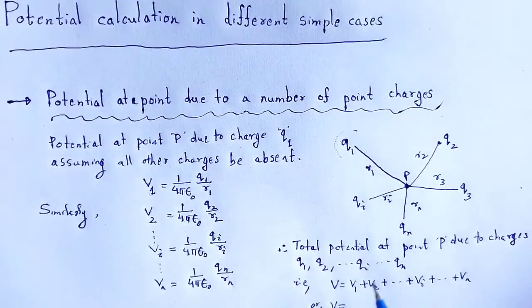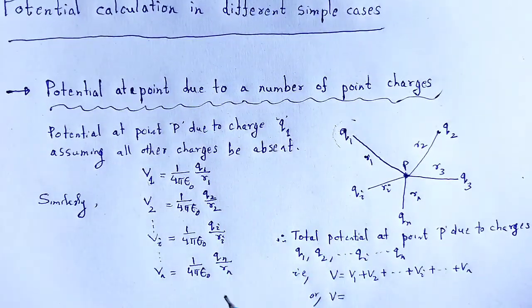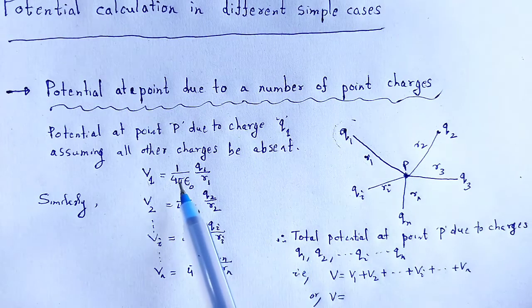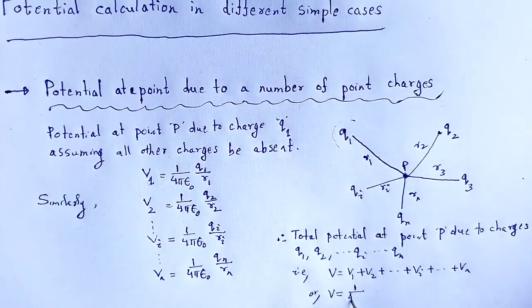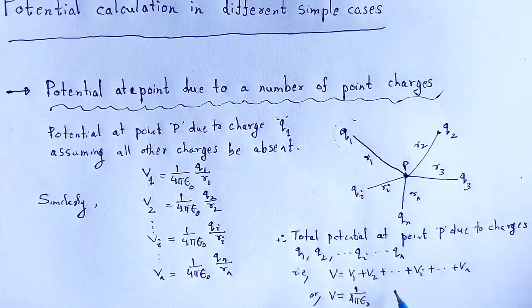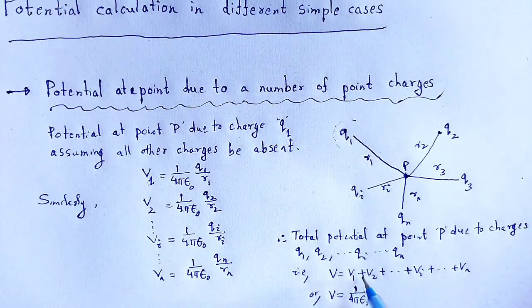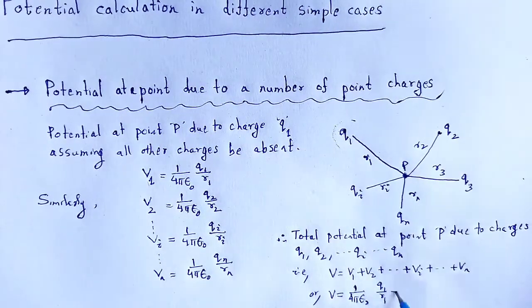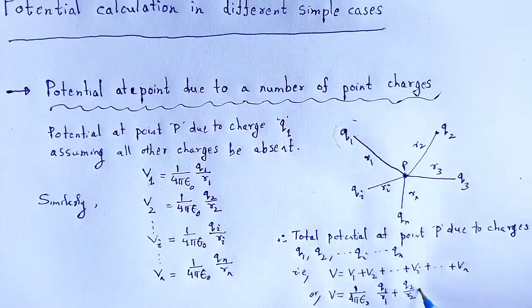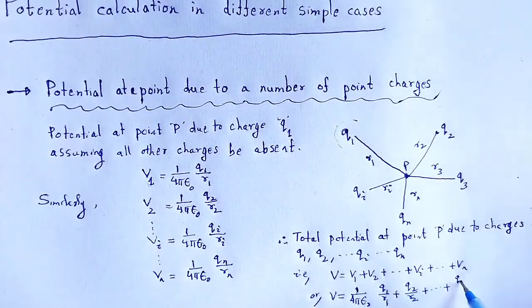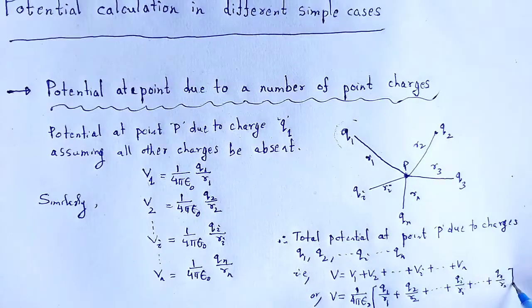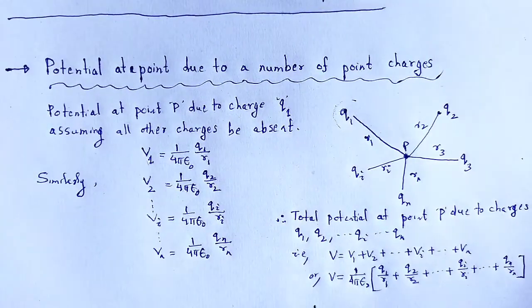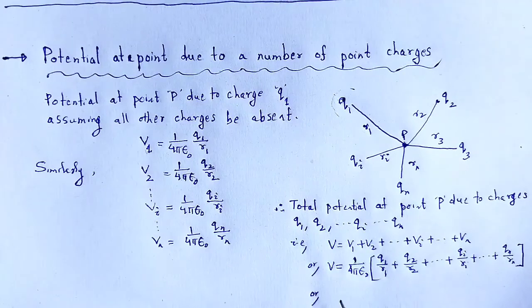When we add these potentials, we take the term 1 by 4 pi epsilon naught as common, and the charges are q1 by r1, q2 by r2, dot dot dot, qi by ri, plus dot dot dot, qn by rn. That can be written in the way of summation.